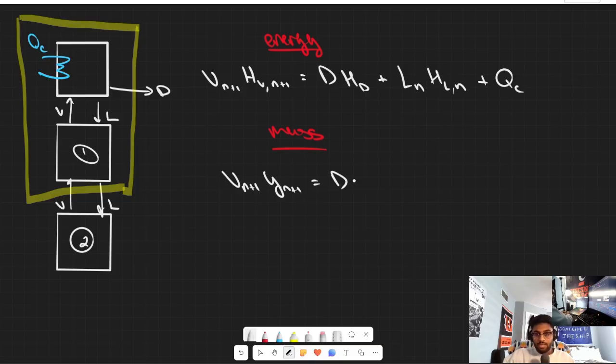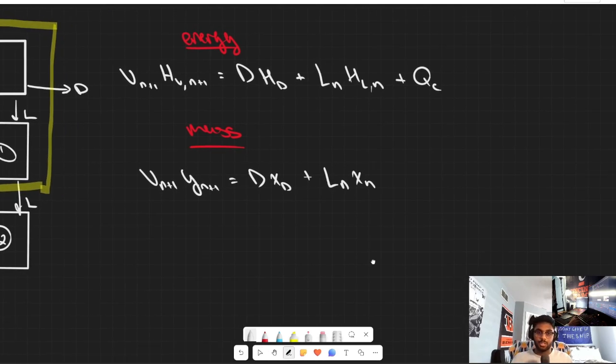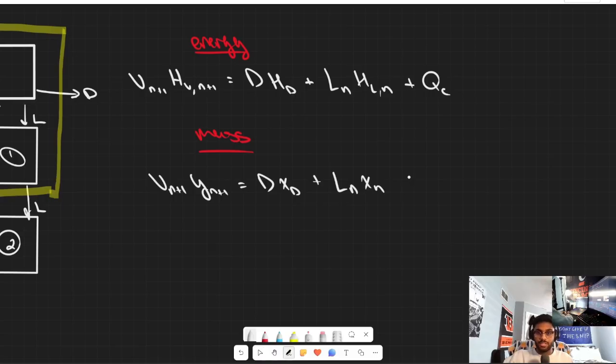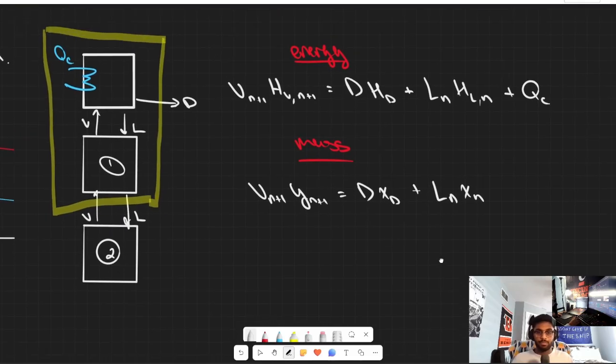Then we're going to have our distillate flow rate times that distillate liquid mole fraction plus our liquid flow rate from stage N, and then also that liquid mole composition from stage N. And there's no heat term involved there, so we're good.